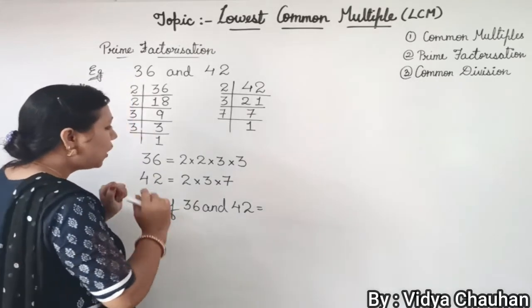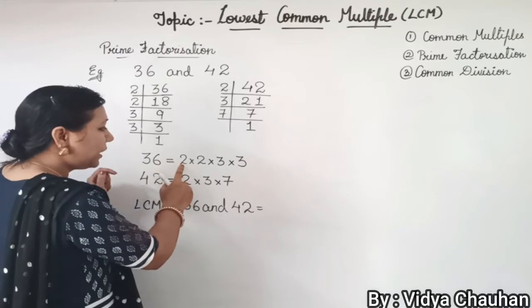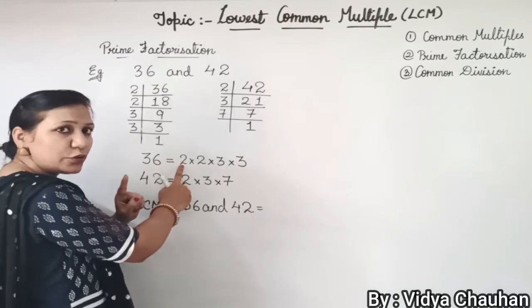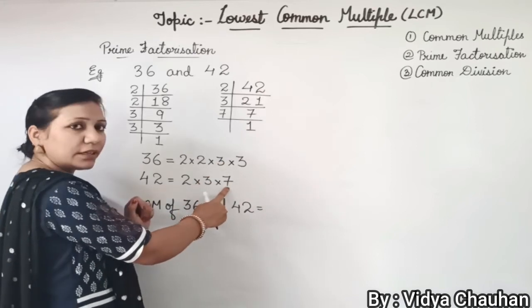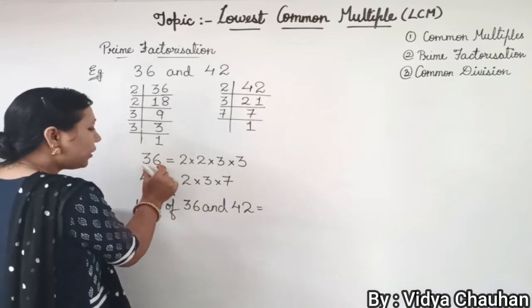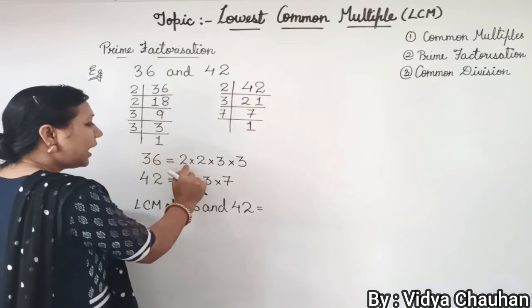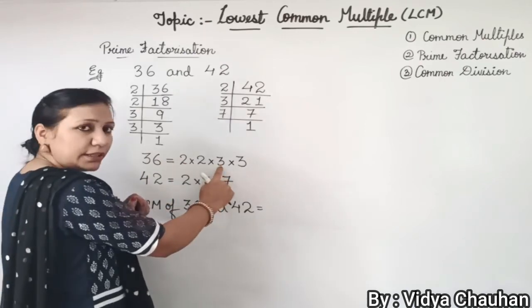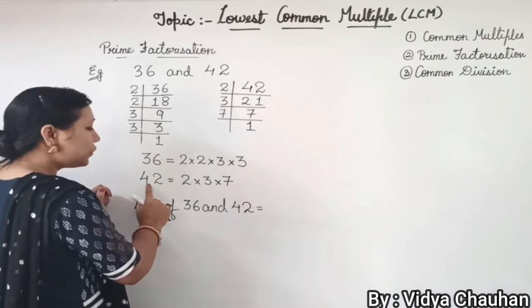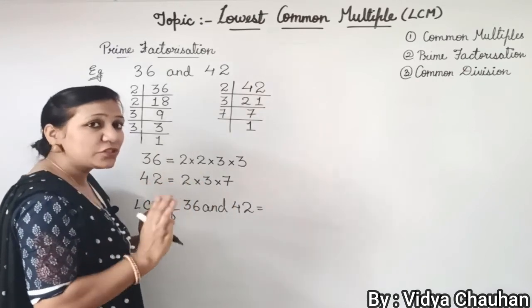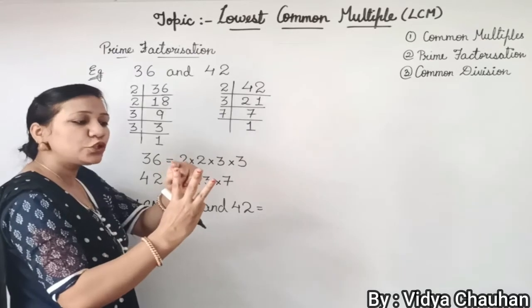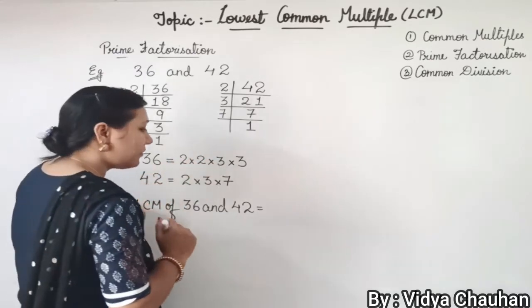For example, what are the values available here? That is 2, 3 and 7. In the factors of 36, I have 2 and 3. In the factors of 42, the values are 2, 3 and 7. That means we are going to write all three values, 2, 3 and 7.